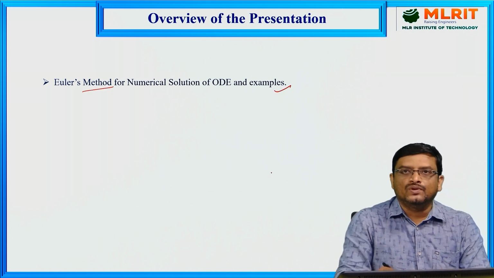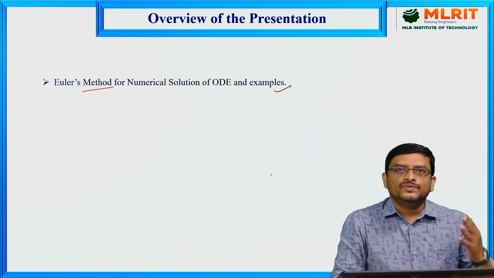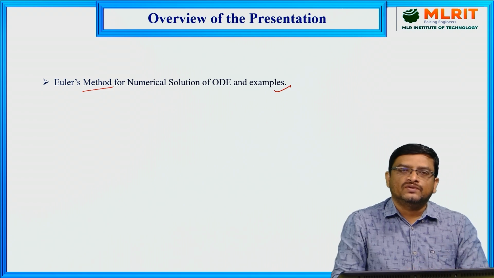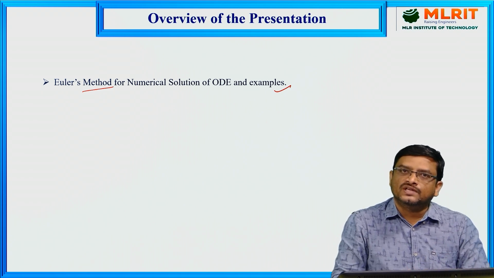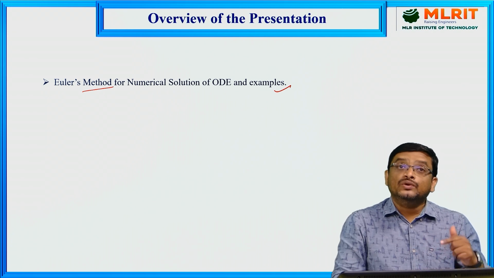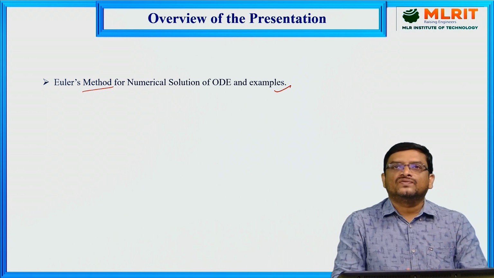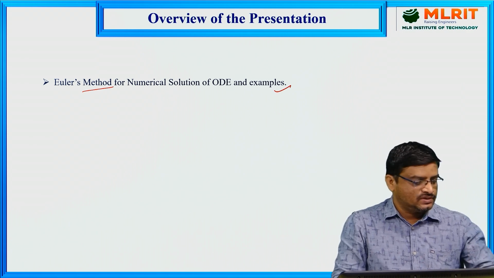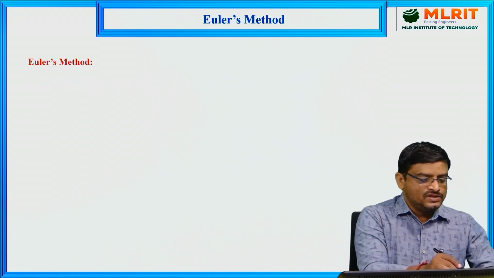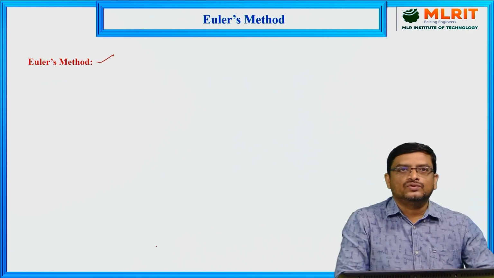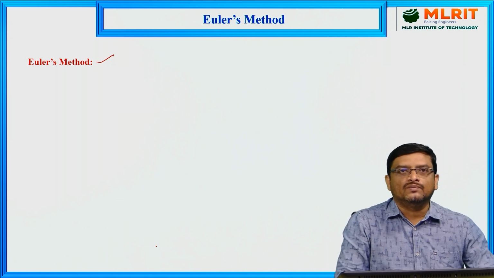With some examples here. In the previous video, we have seen the numerical solution of ordinary differential equations by using Taylor's method. And in this, we are using Euler's method to get the solution for the ordinary differential equations. First we will see how to derive the Euler's method formula.